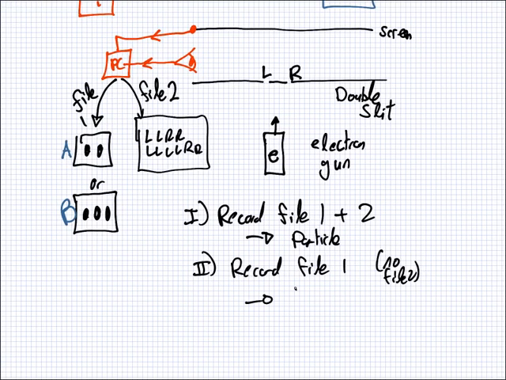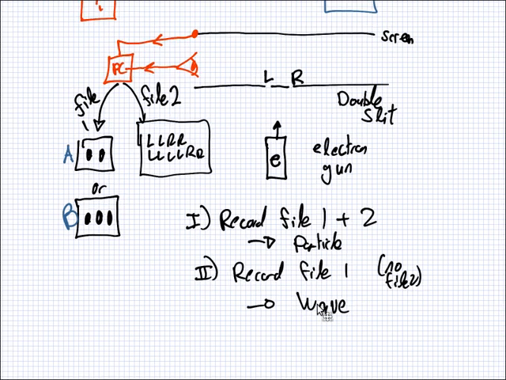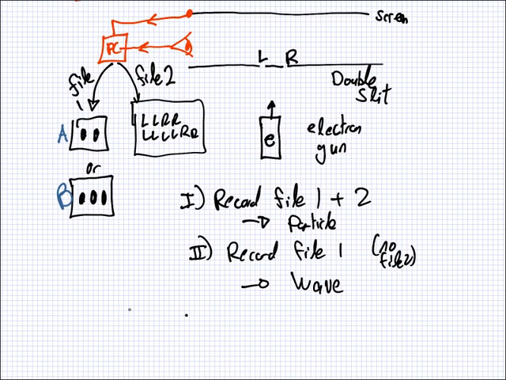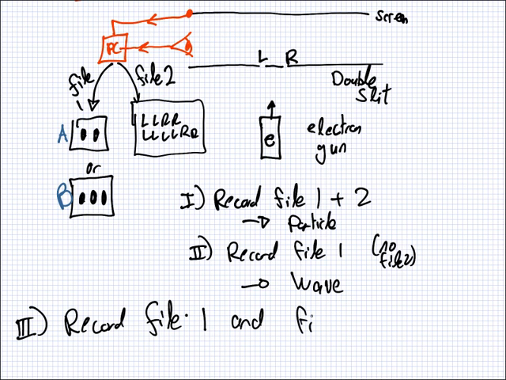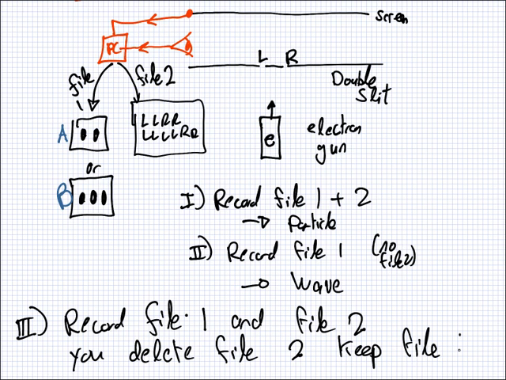You'll get a wave. Okay, here's the interesting one now. Number 3, last one. You record file 1 and file 2, you delete file 2 and keep file 1. So you have this on and this on, but after you make file 1 and file 2, you delete file 2.